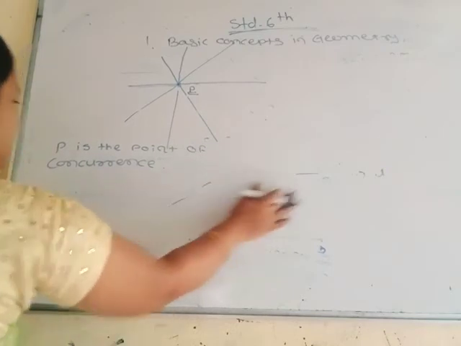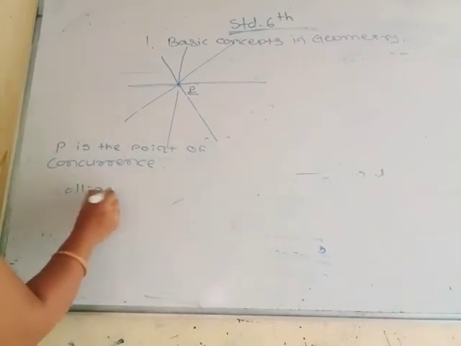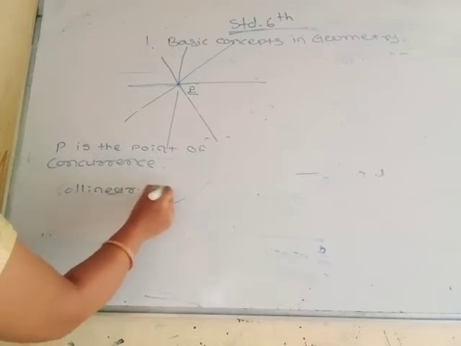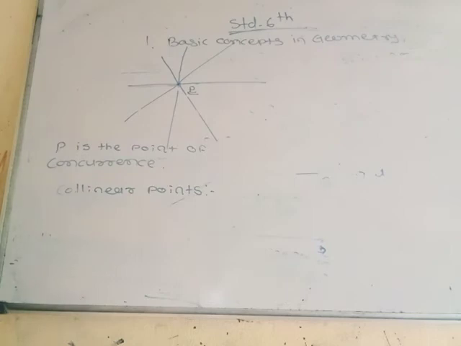And collinear points: 3 or more points which lie on a single straight line are said to be collinear points.